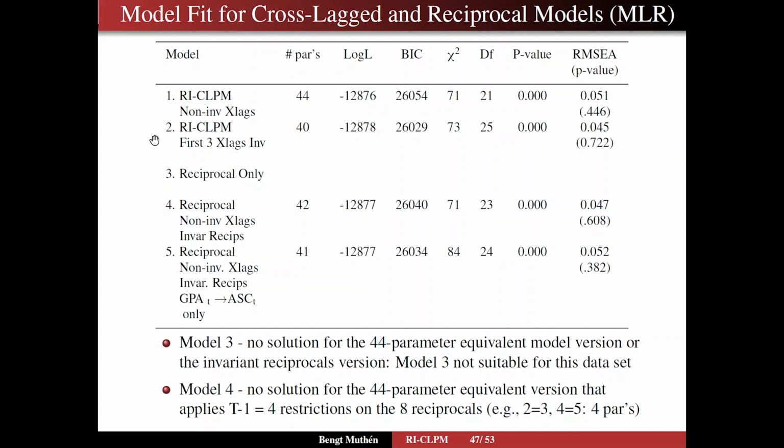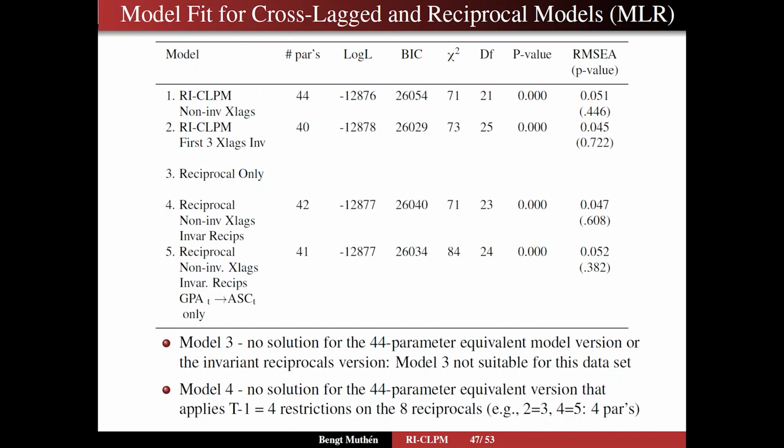Now we have the same time intervals between the first 3 time points, so we could have invariance for those time points. So crosslags between time point 1 and 2 equals crosslags between 2 and 3 equals crosslags between time point 3 and 4. So we get 2 crosslags for that interval, and then 2 more for the interval that ends at the end of the time points.